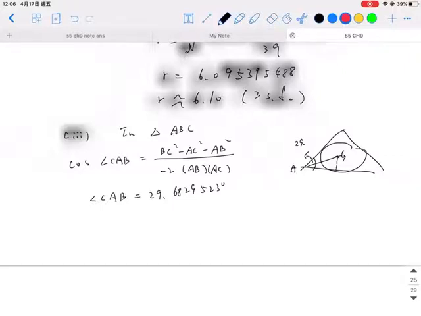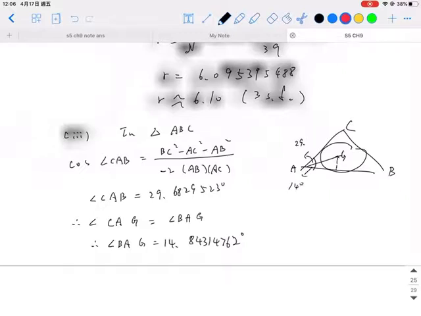And then you will get angle CAG, which is equal to angle BAG. So angle BAG is equal to 14 degrees. So for the last step, you get this one is 14 degrees and the radius is 6.10.